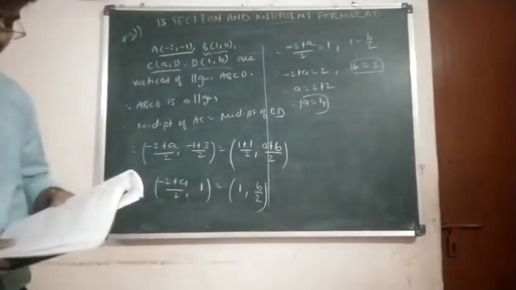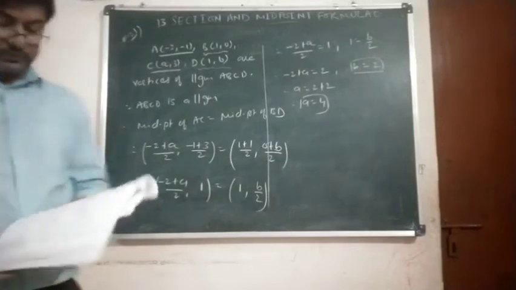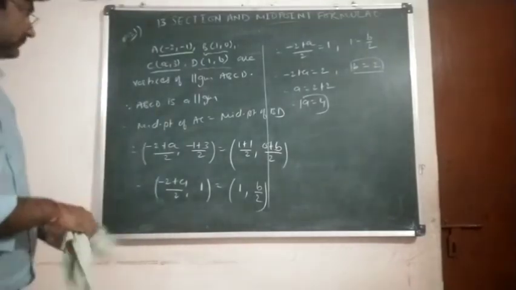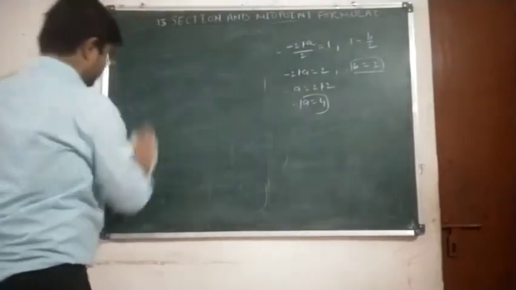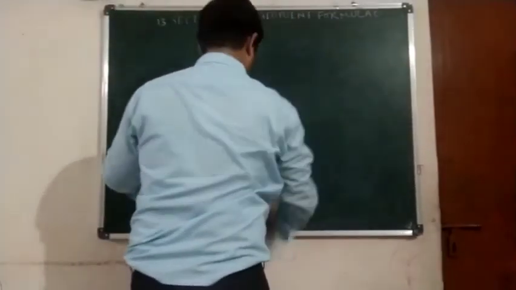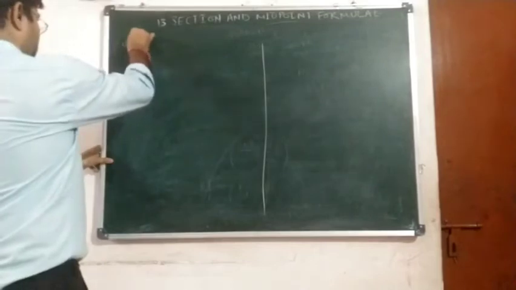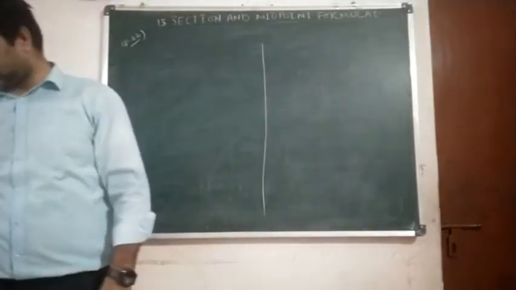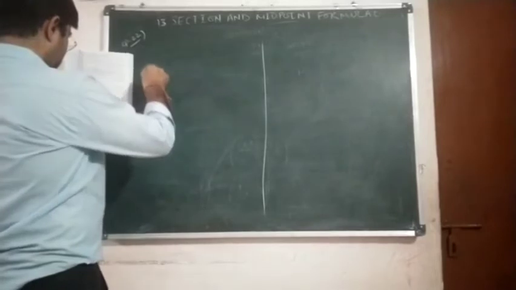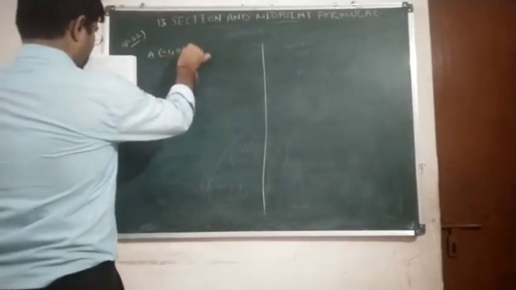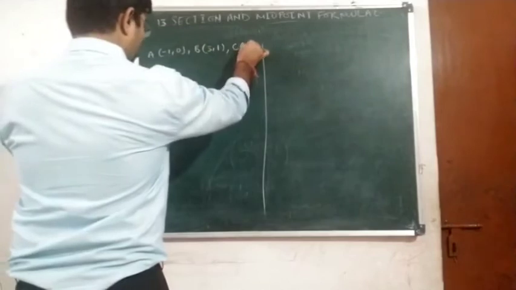Now let us solve question number 22. The three vertices of a parallelogram ABCD taken in order are A(-1, 0), B(3, 1) and C(2, 2).